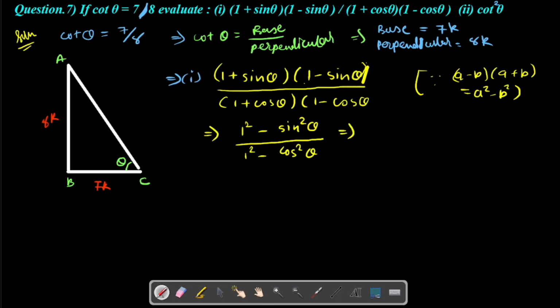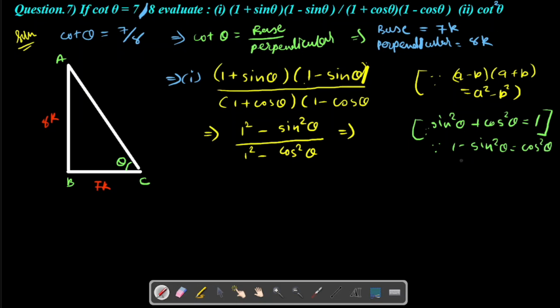But here we apply one more identity, which we will study in our 6th or 7th lecture, that sin square theta plus cos square theta is equal to 1. So we can also write 1 minus sin square theta is equal to, yes, you're right, cos square theta.